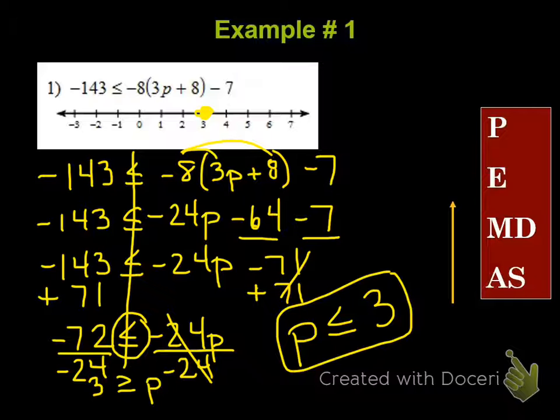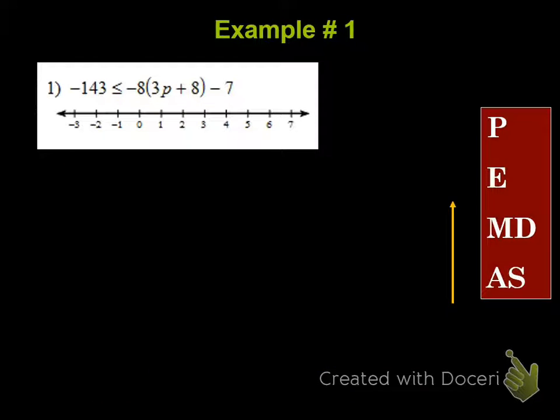Now if I think about being less than or equal to 3, the numbers to the left are less than, so I'm going to shade in that direction and put an arrow because that could be any number that is less than 3. So on the graph there I show my solution of p is less than or equal to 3.